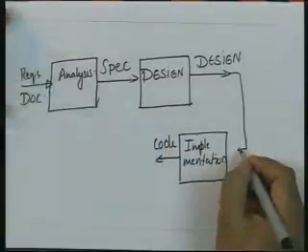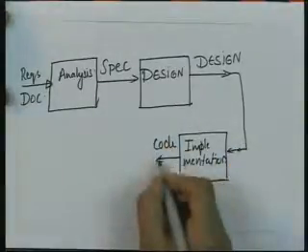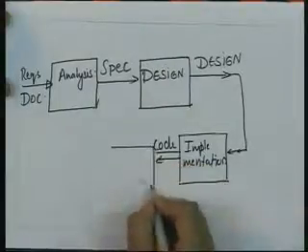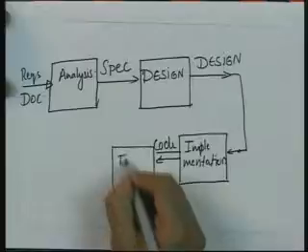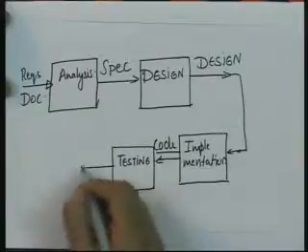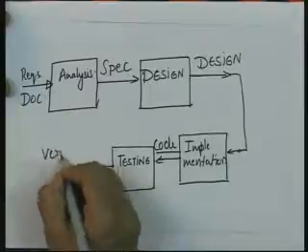So, there is an input to every module and an output to the module. Out comes code from implementation. The code is then fed to a testing phase, which basically verifies correctness.